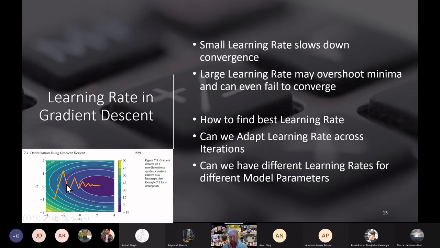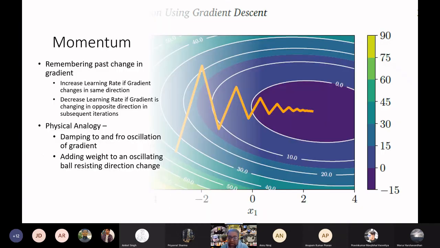So let us look at the first possibility, whether we can adapt the learning rate across iterations. Here comes the concept of momentum. In physics, as we know, momentum means mass into velocity. In this case, we consider a unit mass and we try to measure velocity. Velocity means the rate of change. So a very basic algorithm may be that if I see that the gradient is changing in the same direction, I can increase the amplitude of change.